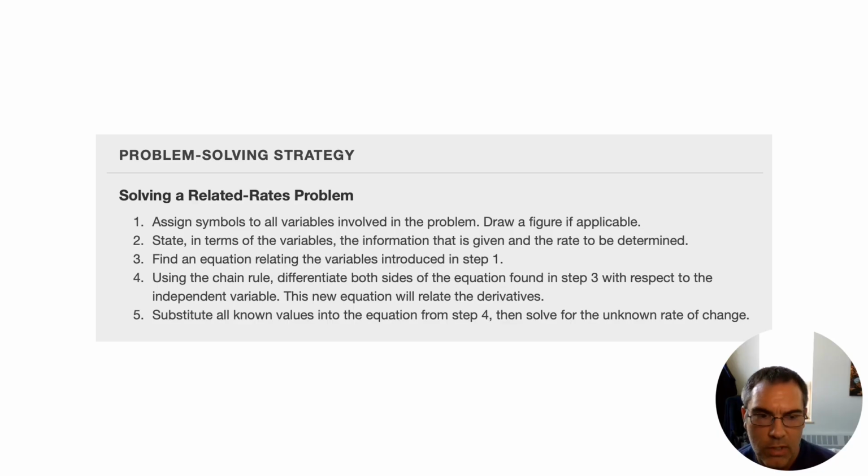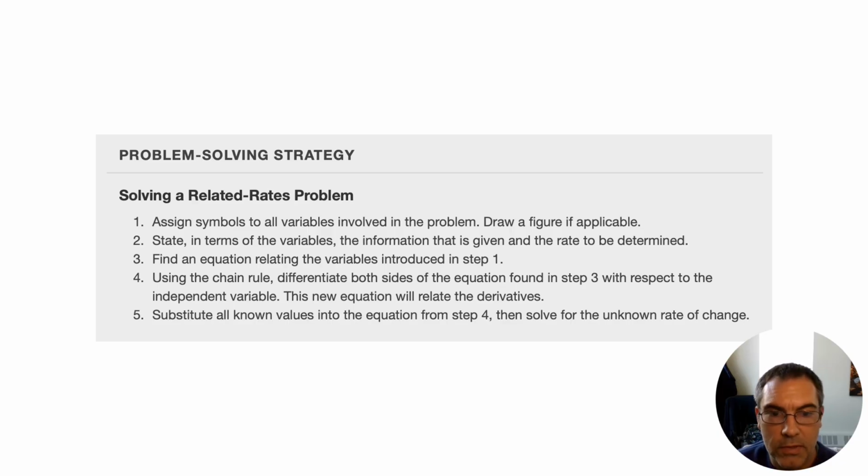But in general, you're just differentiating the whole equation, whatever form it's in, which means using implicit differentiation, and then applying the chain rule, because you're taking the derivative with respect to something like time, one additional variable in the problem, beyond volume and radius, now introducing time to find rate of change. So that's what we're calling the independent variable here. So the independent variable, in our previous example, would be time.